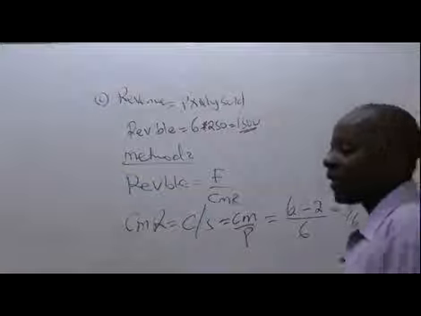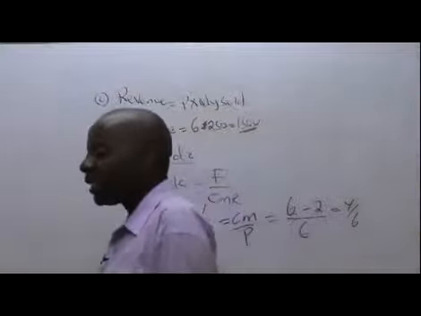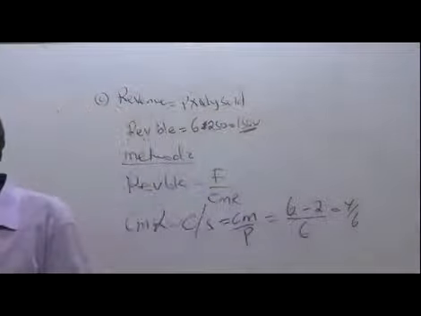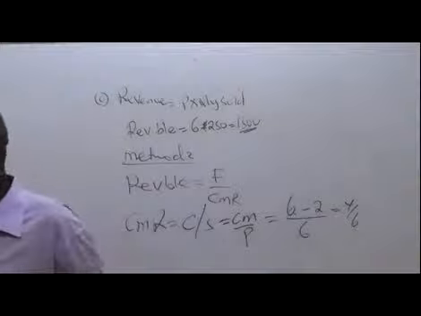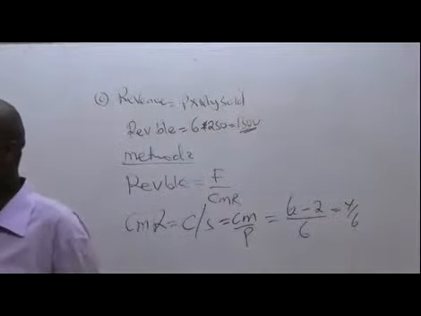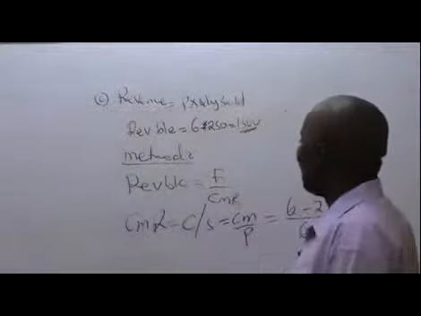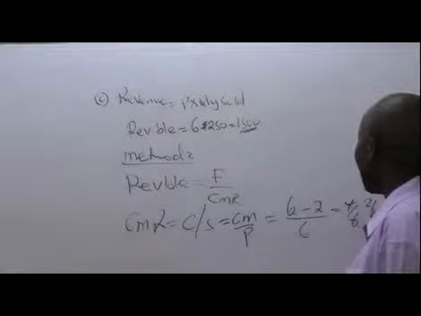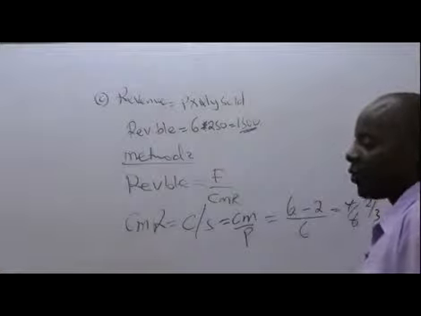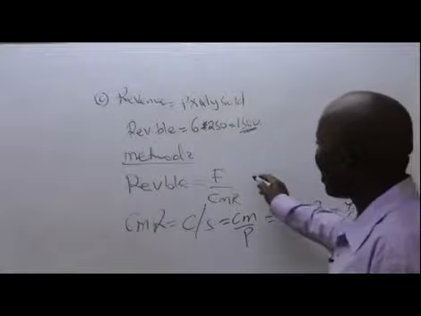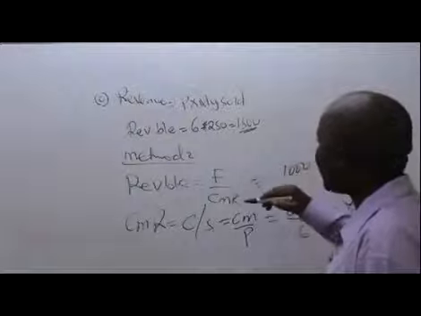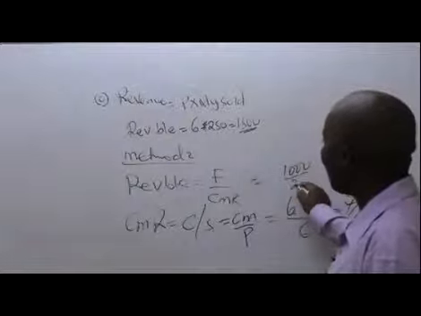So 4 over 6, could you kindly give me this answer? 4 over 6 will end up giving me what figure? If it's recurring like that, I would rather just leave this as a fraction, 2 over 3. So as I come here, I know my fixed cost is 1,000 all over 2 over 3.